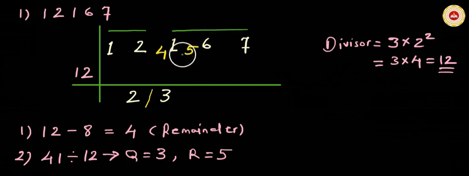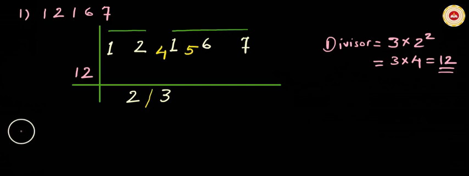Now let us calculate the net dividend from this gross dividend 56, which will be our next step. So write these 2 steps. The third step is 56. Friends, 56 is the gross dividend.